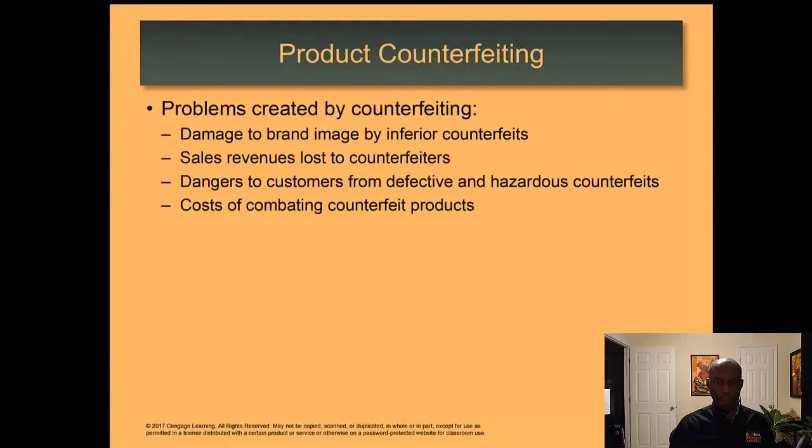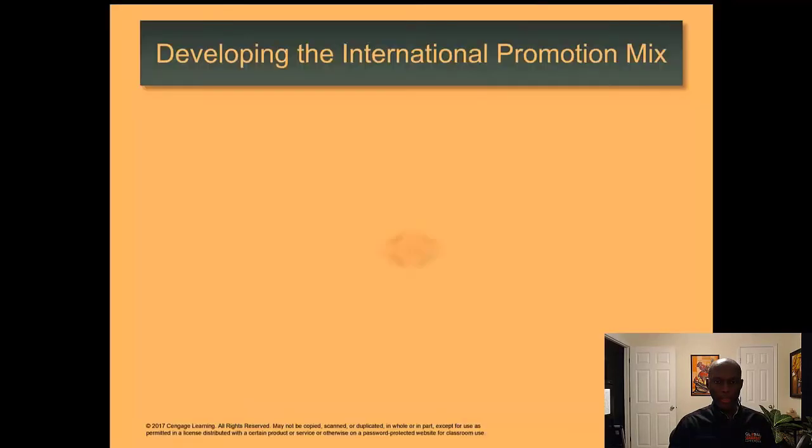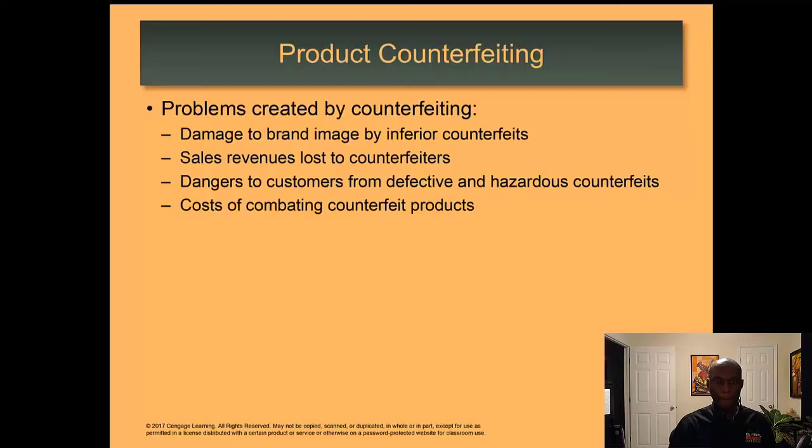Product counterfeiting. There's a video that I typically showed in my marketing class on counterfeiting. And we know what counterfeiting is. We've seen it at football games. We've seen it probably in our cities that we're from.